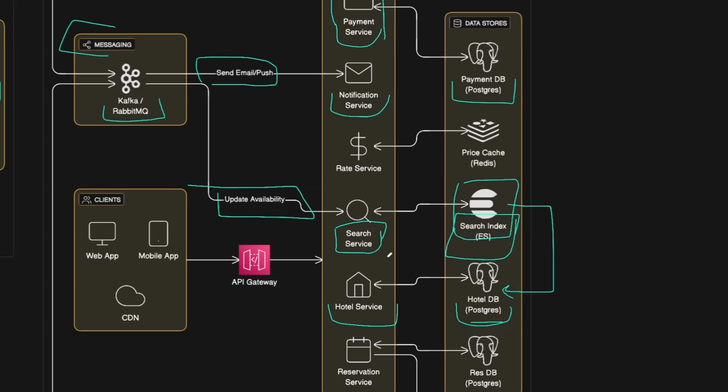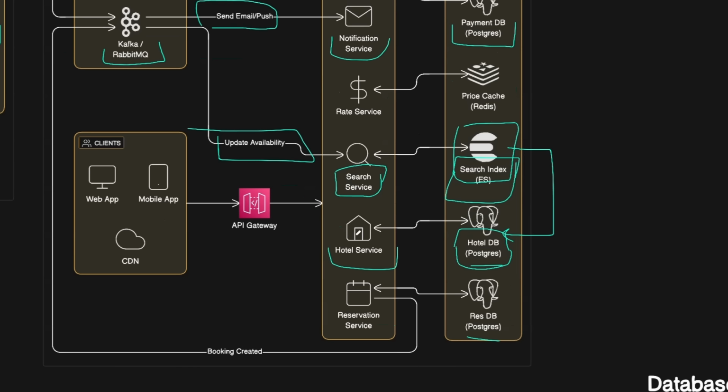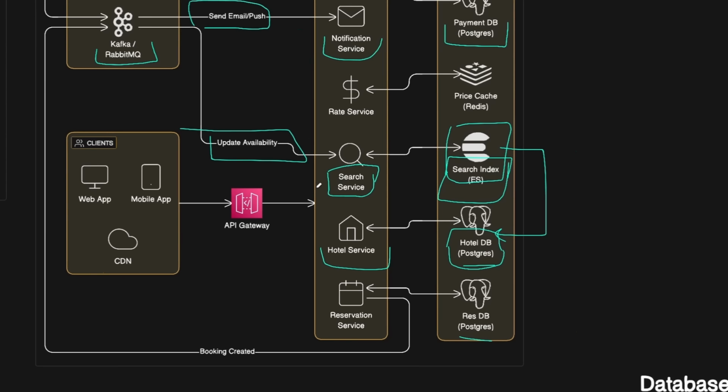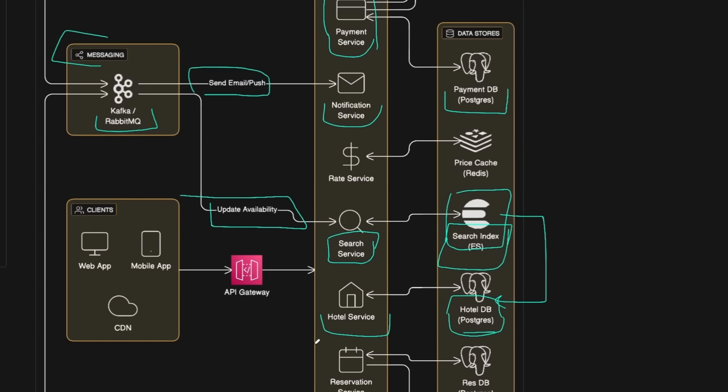So right after the payment, maybe if users search, they will still see that hotel available, but they won't be able to book it because we are using the hotel database to double check whether it's really available or not. And eventually, after some time, this will be persisted and it will have the same data as the PostgreSQL database.